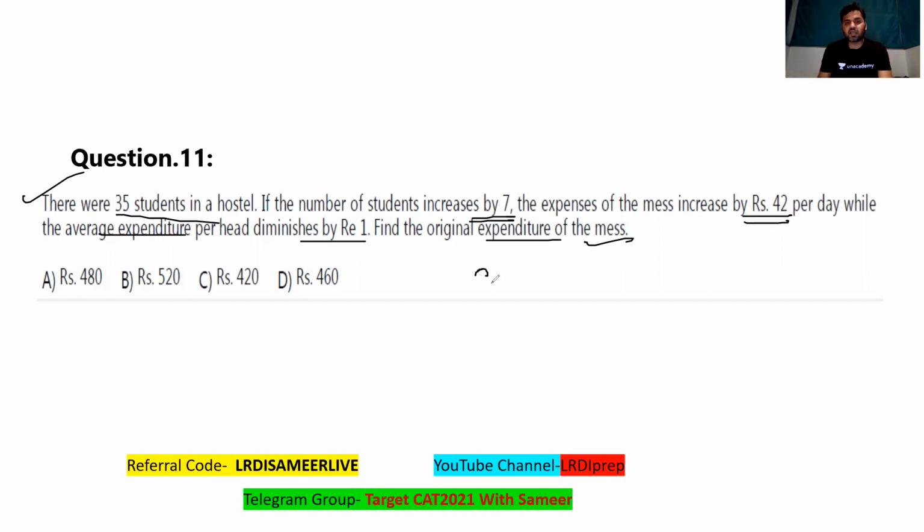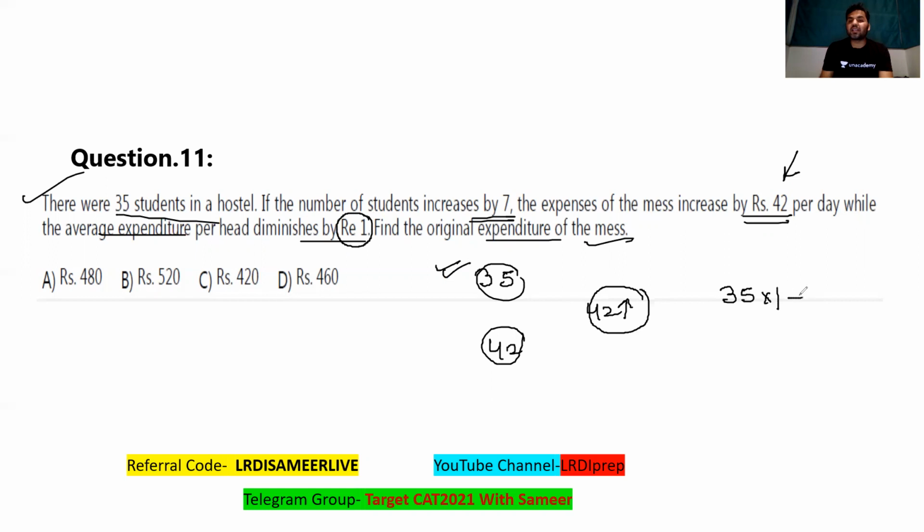You see that initially the number of students in the hostel is 35. Now the number of students is 42, and because of this the expenditure gets increased by 42, but the average expenditure gets reduced by rupees 1. That means these 35 students are now spending 1 rupee less, and also the increased expenditure of 42 is now being taken care of by the 7 extra students that are coming.